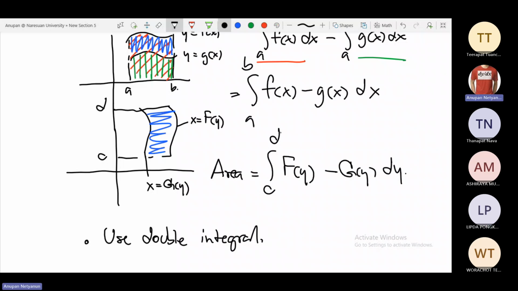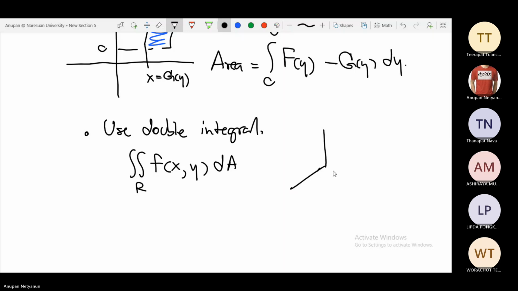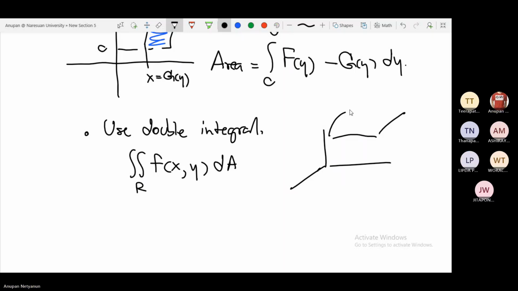Okay, now we are going to use double integral. So this is the idea. First, if you remember, the double integral over region R is the same picture, where there is a function f(x,y) that is represented by the surface in three dimensions.